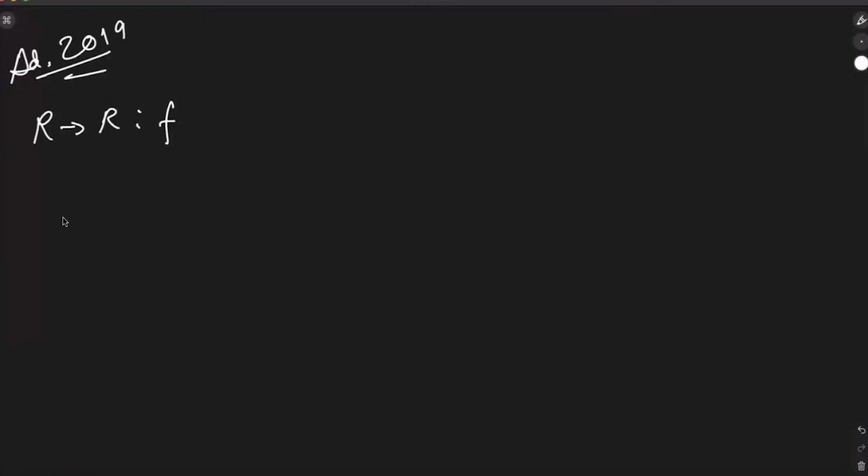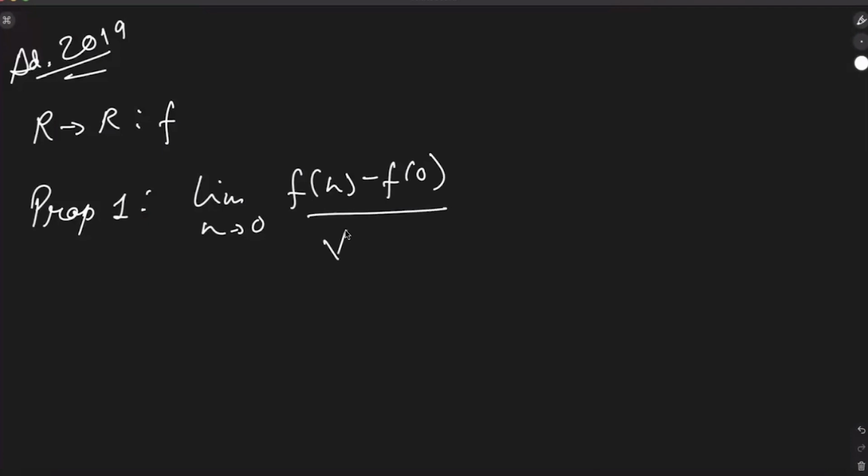Its property 1: limit h tends to 0 of (f(h) minus f(0)) divided by the square root of mod h exists and is finite. You understood property 1: the limit of this whole thing as h tends to 0 exists and is finite.